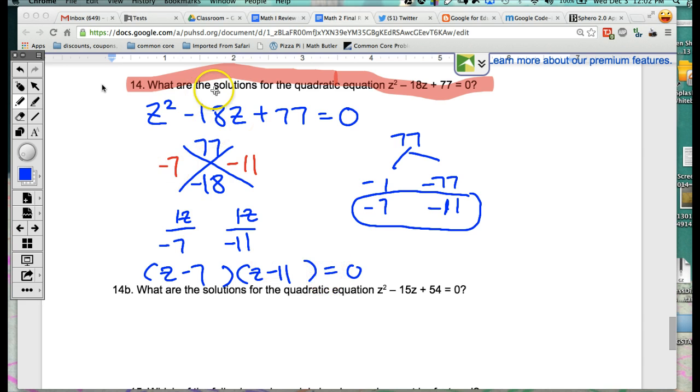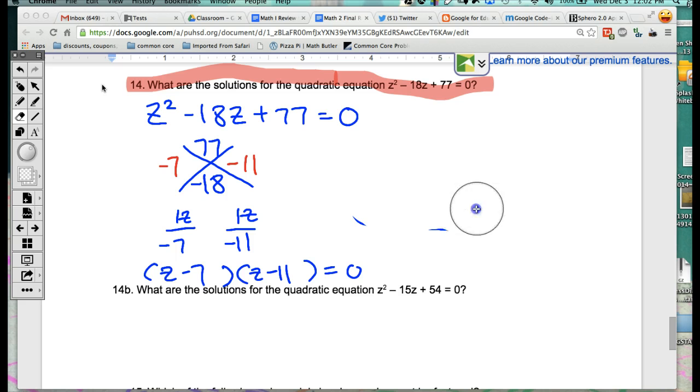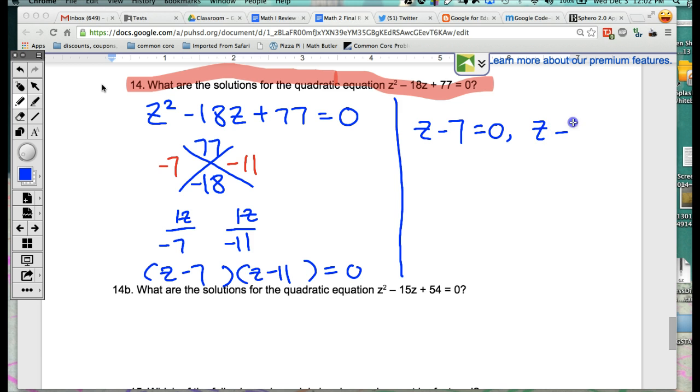No, because it says what are the solutions and that means you got to find out what Z is equal to. Let me go ahead and just erase this part so you can see. So I'm going to say z minus 7 is equal to 0 and z minus 11 is equal to 0.